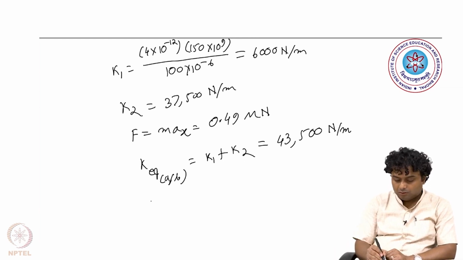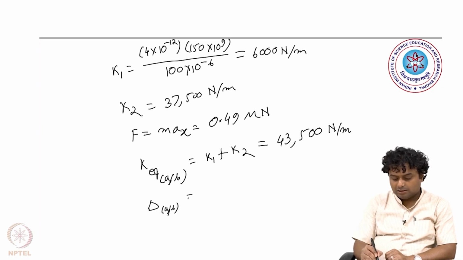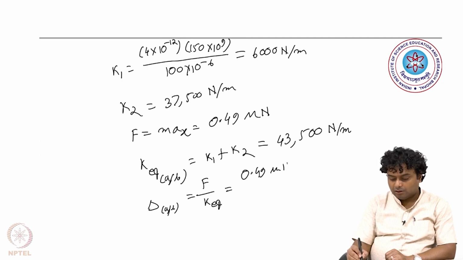Now, the deflection for both cases, A or B, equals the total force F divided by the total spring constant K equivalent, which is 0.49 micronewton divided by 43,500 Newton per meter.